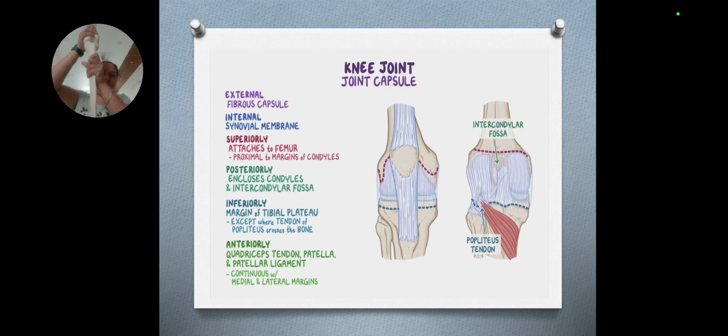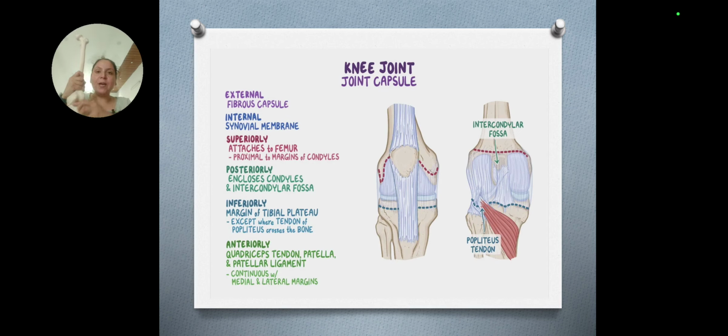Now if I show you in this form, anteriorly the quadriceps, the patella and the patellar tendon are covered. Posteriorly the 2 condyles and the tibial plateau are covered.